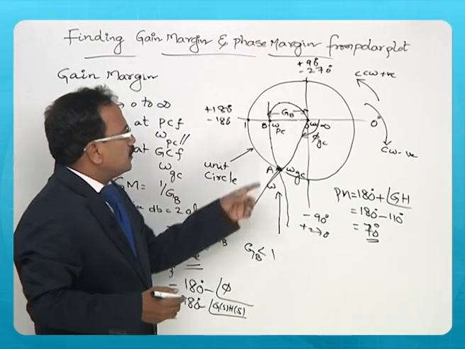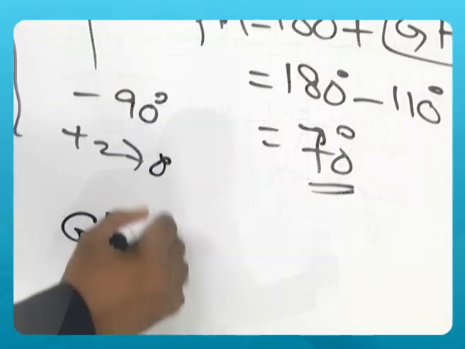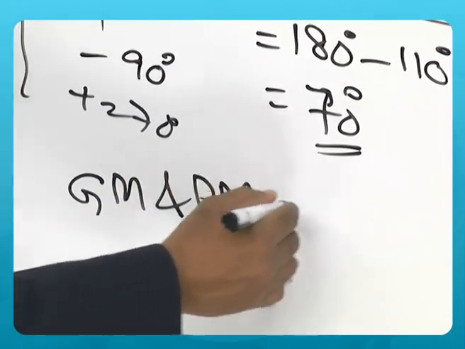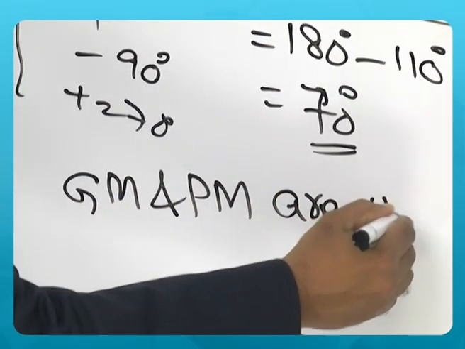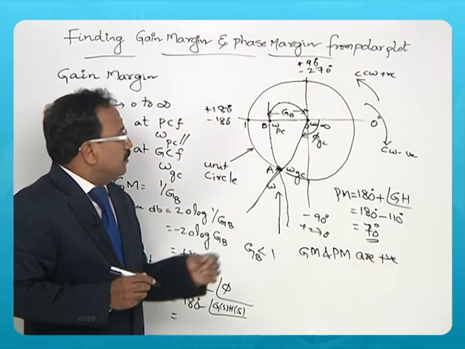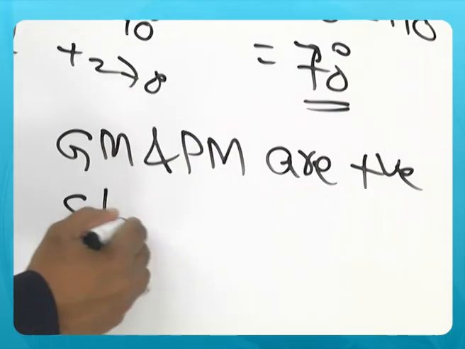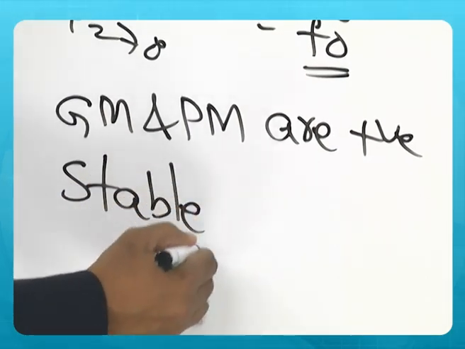So, for this particular case, both gain margin and phase margin are positive for this particular system. So, we can say that the system is stable.